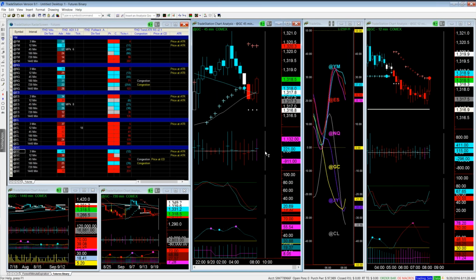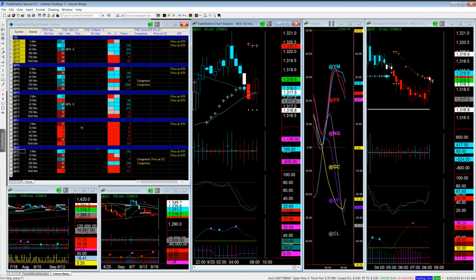I just explained to you that when we have the ATR with the congestion dots, we're expecting this to come back and test this ATR. Again, it's support and resistance. If it breaks through this ATR, then it's logically going to come back and test this ATR. That's what I want to see happen.